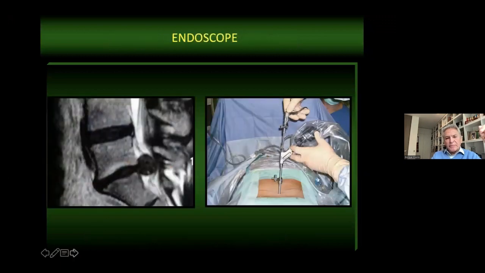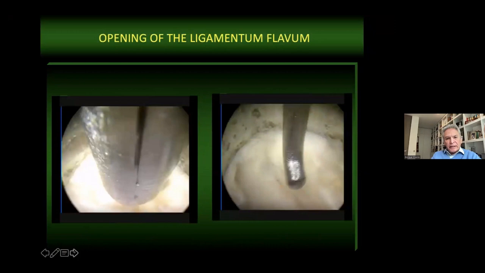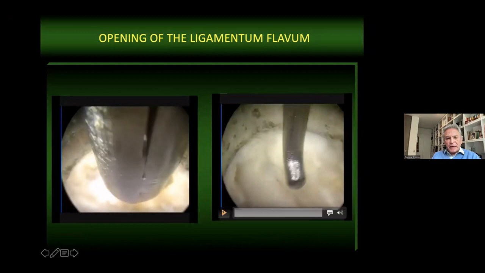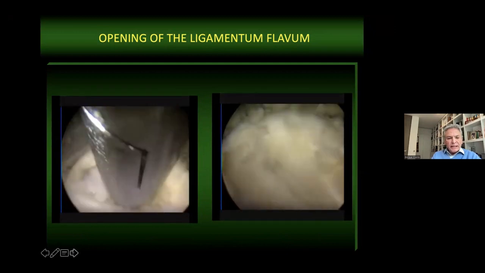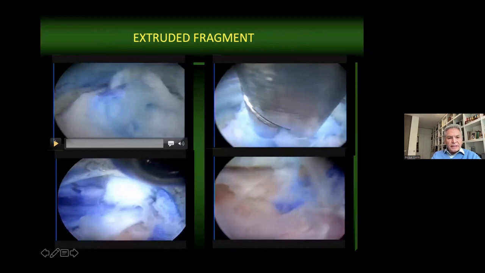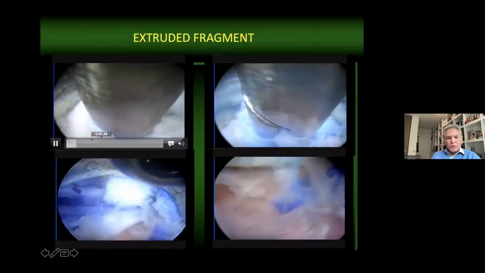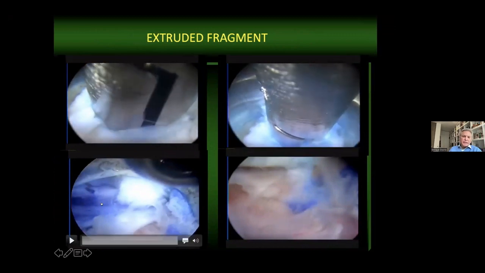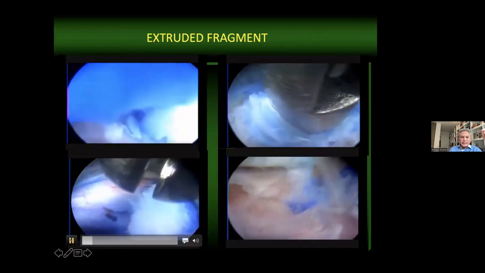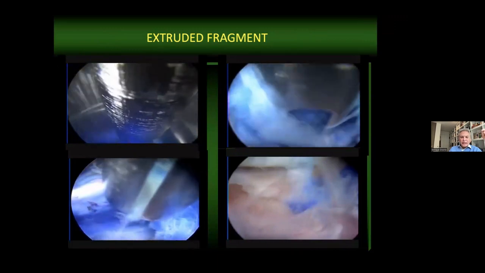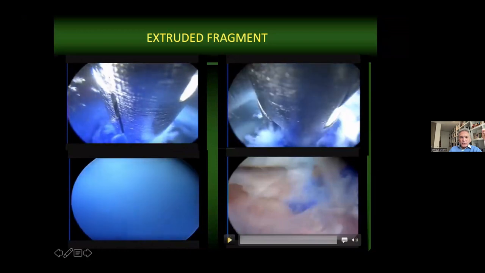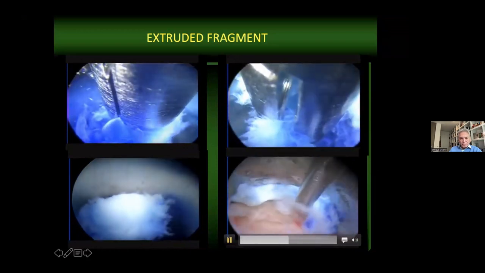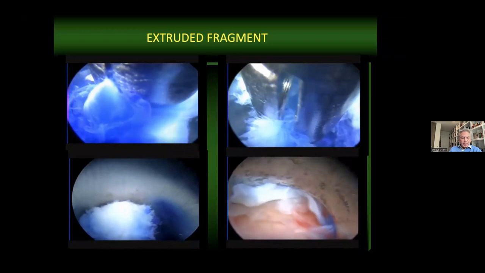Enter 1 centimeter from the midline, and we go directly to dissect the yellow ligament, and then do the discectomy as usual, very small, very slow, and take out the disc herniation, until we completely liberate the root.